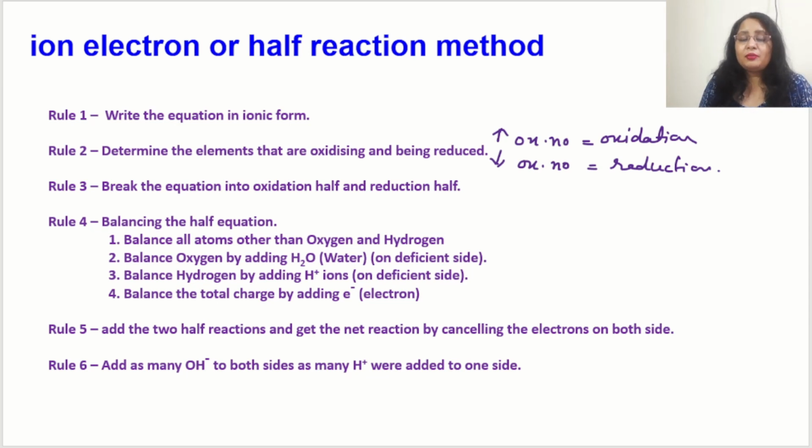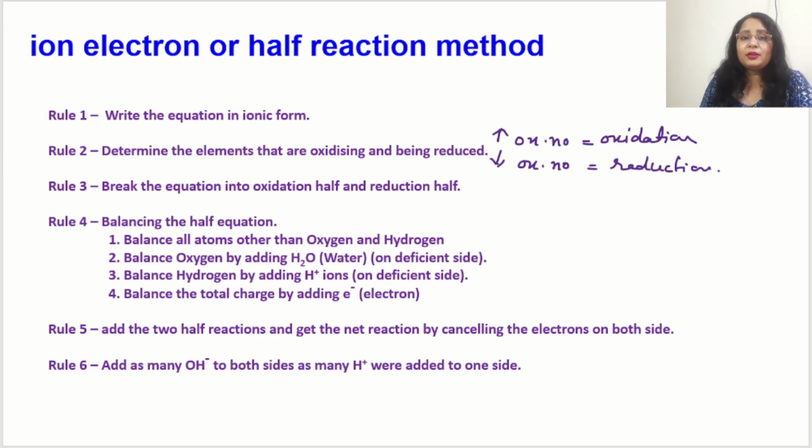Then the main point will start. There we will start balancing the two half reactions. In balancing, first of all, we will balance the elements other than oxygen and hydrogen. After balancing that, we will balance oxygen, and we will add water molecules wherever there is a deficiency of oxygen.